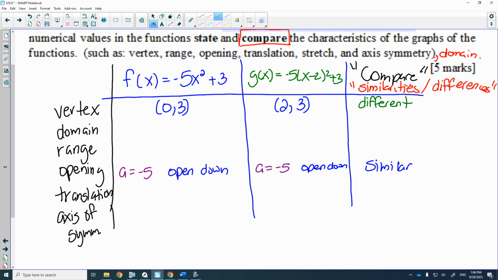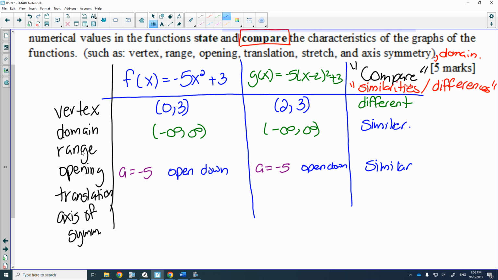What is the domain of both of these graphs going to be? Chris? Domain of both parabolas will be what? Negative infinity to positive infinity. Sophie, is that a similarity or a difference? That's a similarity. Okay.